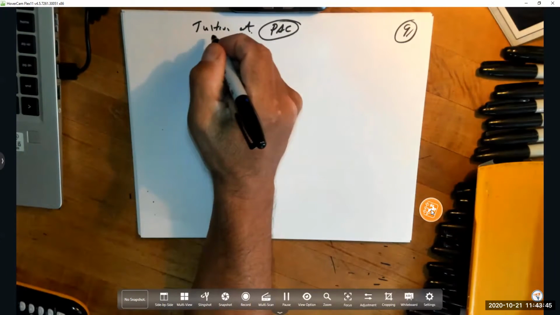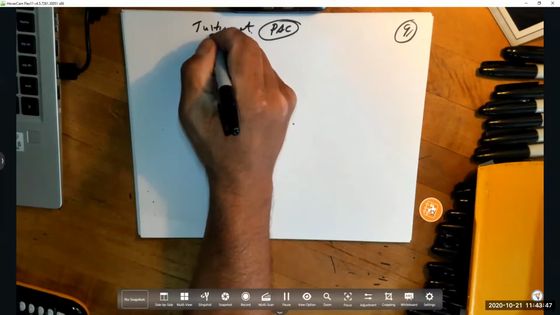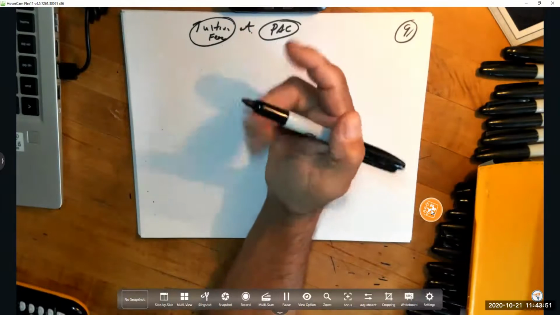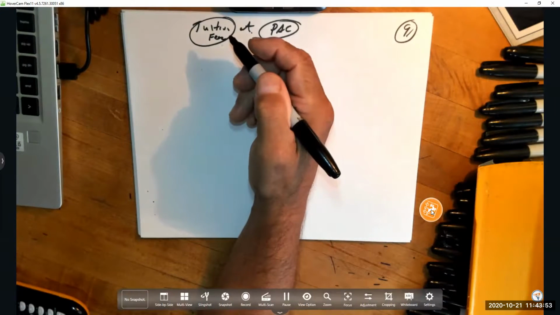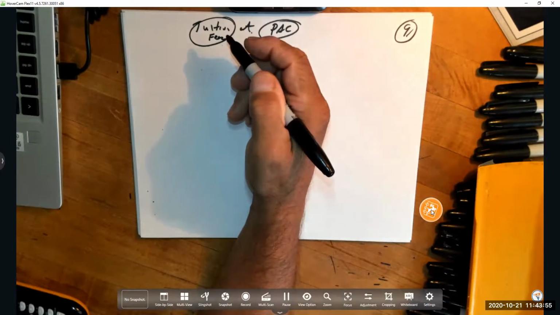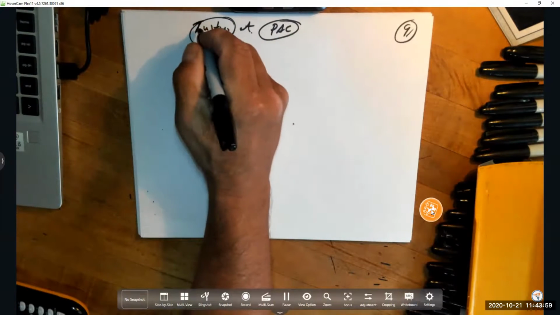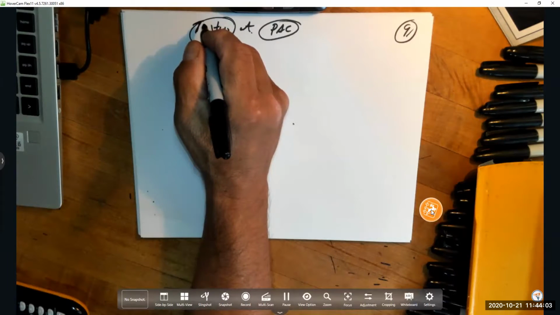You think for that? Tuition and fees for 4 classes, like 12 hours. I don't know. Just guess. 1,000, 1,200. I don't know. What do you think it is?